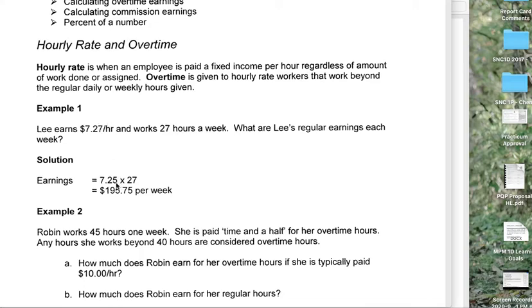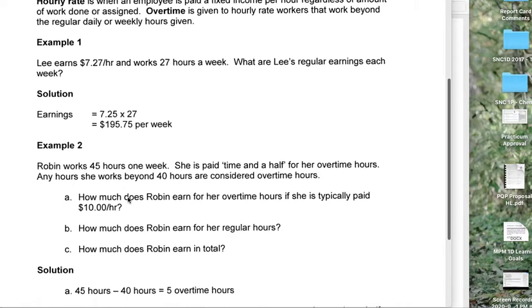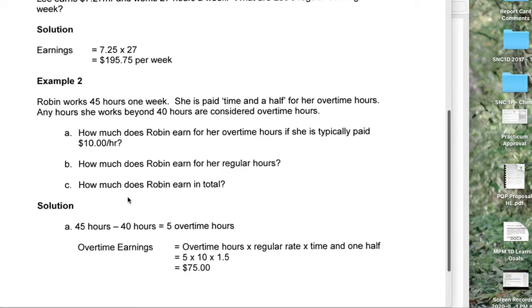Here there's a typo. It says 7.25. Should say 7.27. They should actually be the same number. And then you would multiply it by the number of hours worked, so 27 hours, and this would give you a total of $195.75 per week.